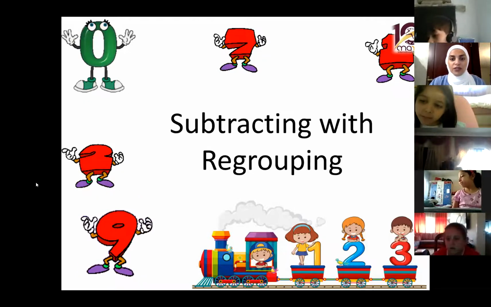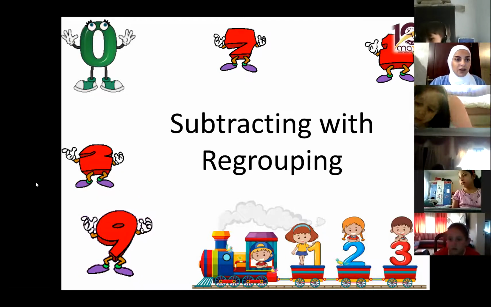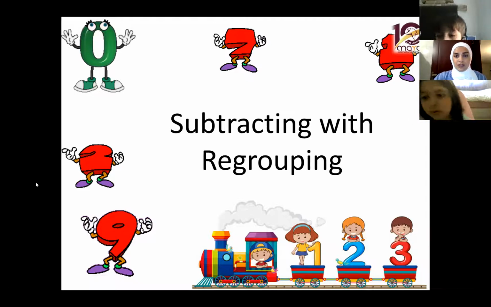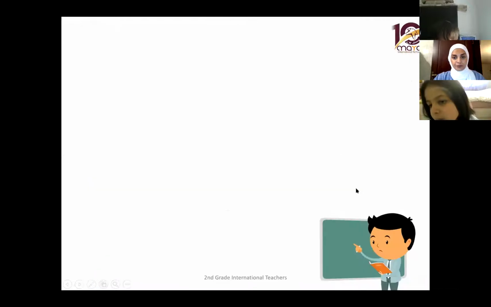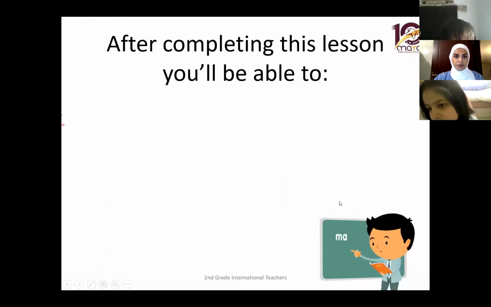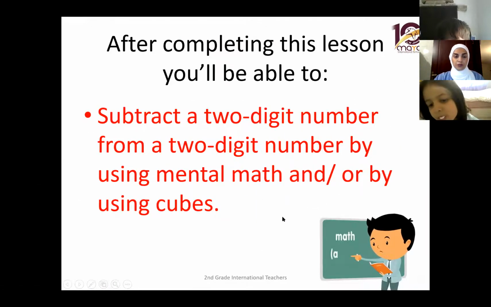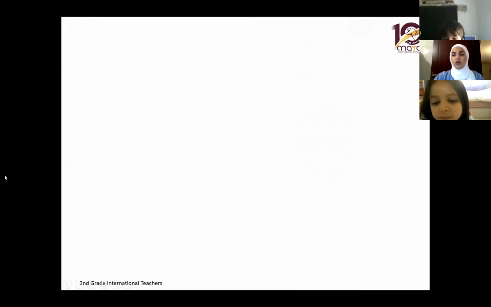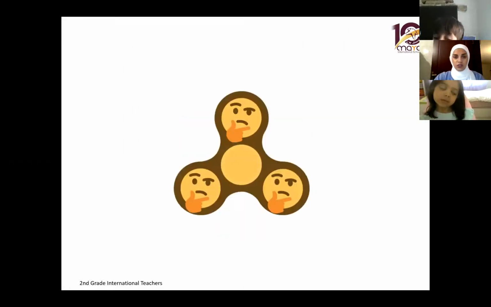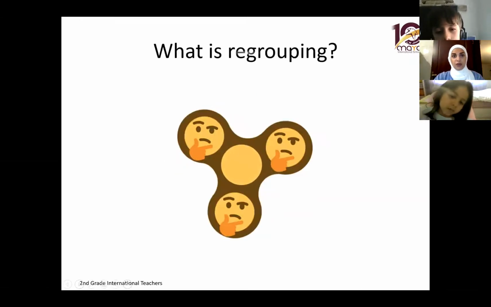Now we're gonna start our slideshow. So today we're using 2-digit numbers to subtract. We're going to subtract a 2-digit number from a 2-digit number. What is regrouping?